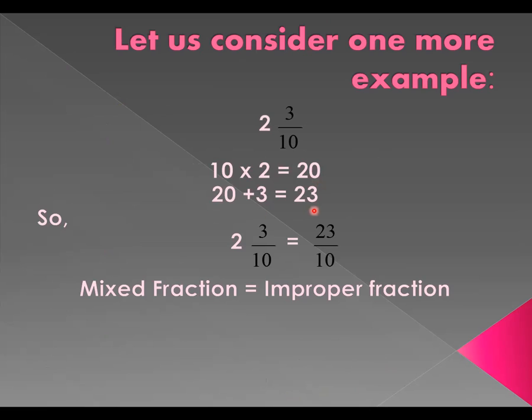So in the numerator's place, the new numerator, that means 23, will be written and the denominator will be the same. In this way, a mixed fraction can easily be converted into an improper fraction. This was your mixed fraction, 2 whole 3 upon 10, and after converting into an improper fraction, your final result is 23 upon 10.